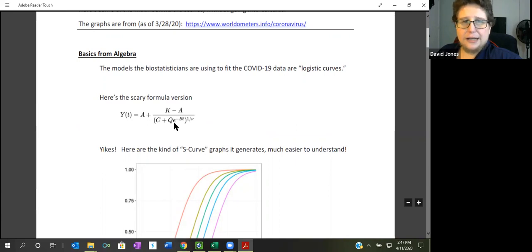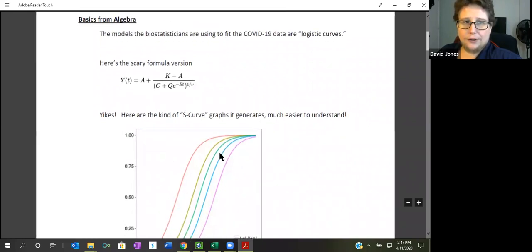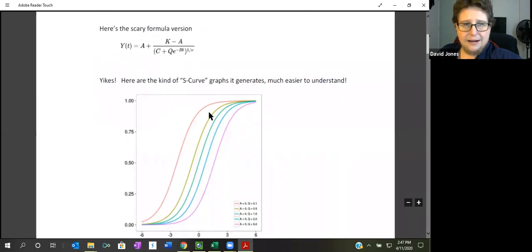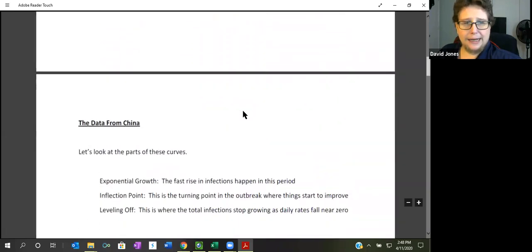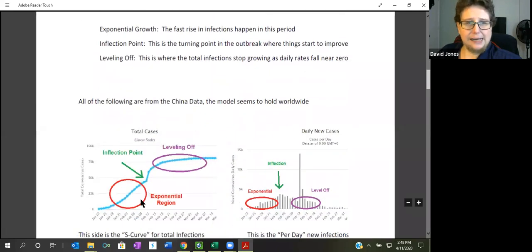Notice we have an exponential in here. It's in the denominator. If it were on top, it would be positive. And that's why we end up having exponential growth. These other terms help flatten it out. And you can go through and read it. It talks about the data from China and inflection points that we've talked about before, but you'll learn in calculus.